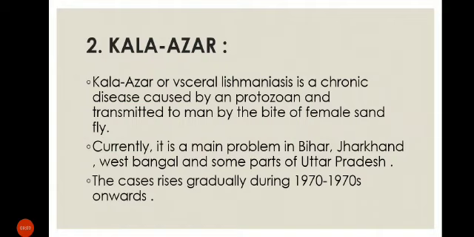Kala Azar, or visceral leishmaniasis, is a chronic disease caused by a protozoan and transmitted to man by the bite of the female sandfly. Currently, it is a main problem in Bihar, Jharkhand, West Bengal, and some parts of Uttar Pradesh. The cases rose gradually from 1970 onwards.